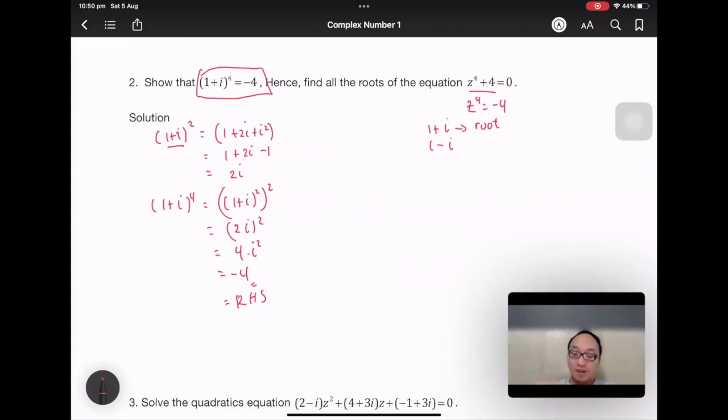So from here, we can find the equation. I can find the factor: (z - 1 + i) times (z - 1 - i).